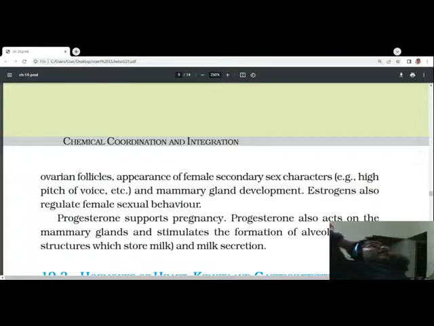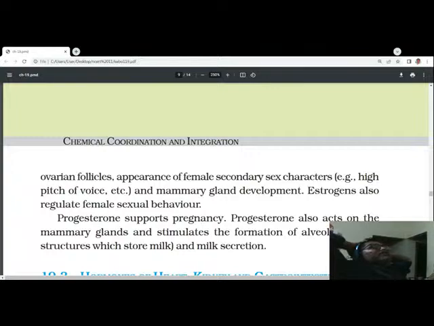Estrogen also regulates female sex behavior. Progesterone protects the pregnancy and helps in childbearing. Progesterone also acts on the mammary gland, stimulating the formation of alveoli, sac-like structures which store milk, and milk secretion.